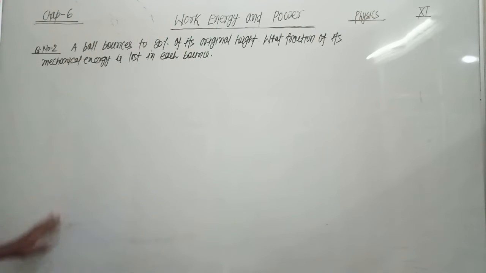We are given a ball bounces to 80% of its original height. And what fraction of its mechanical energy is lost in each bounce? And where does this energy go?